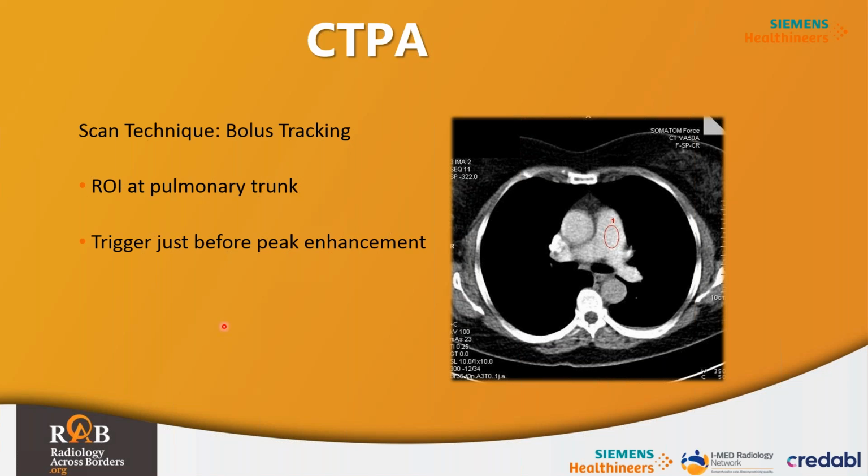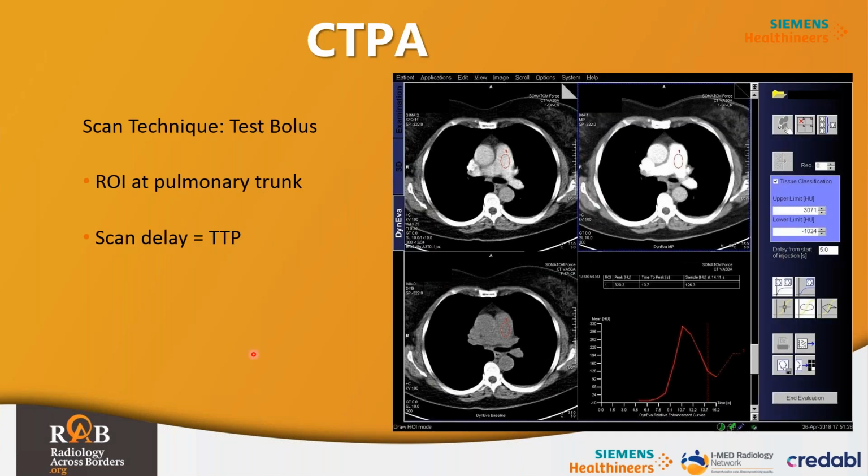When we use the test bolus method, we do a small injection first of 20 mils or so, and then we basically monitor it, watch it come in. We need 2 slices before, 2 slices after what we consider the peak, and then we can suspend, and then we can load it into Dyna. That's this.